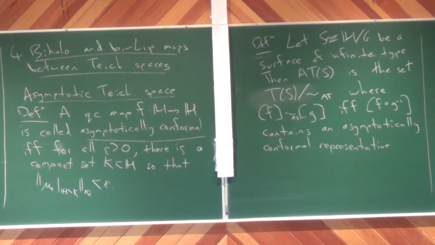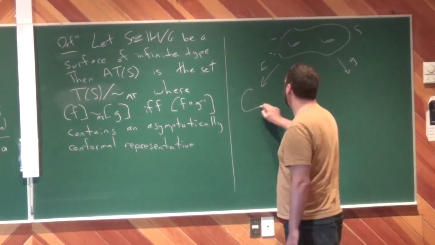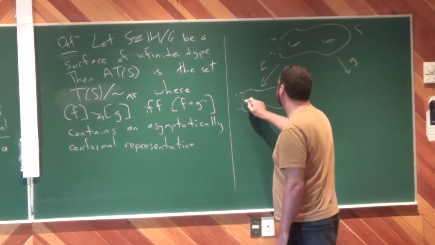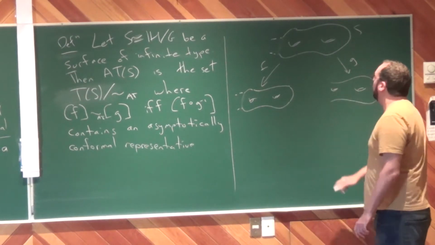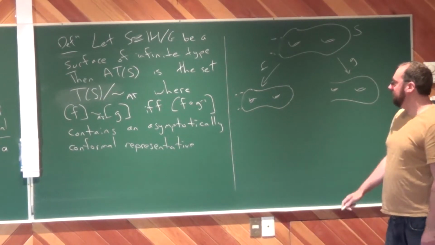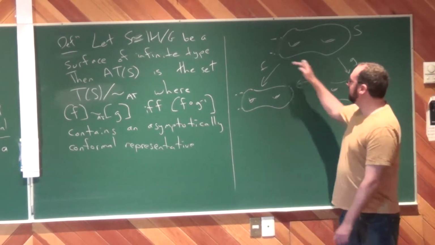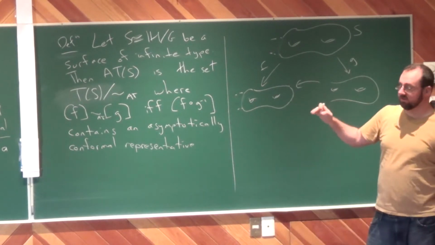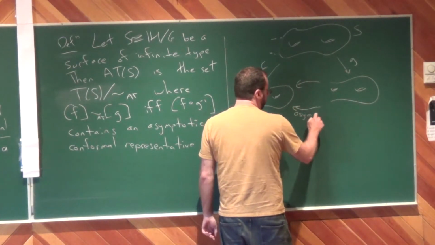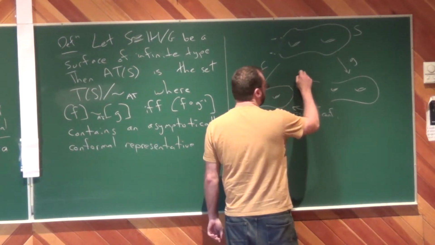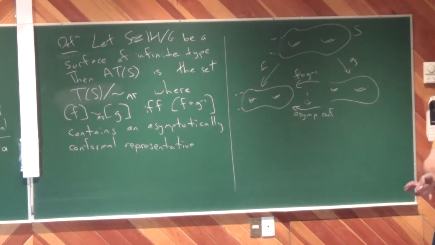So in other words, if you start with your space S and you have quasi-conformal maps F and G applied to S, then if we do G inverse composed with F, well, that's going this way. What we're saying is that these two mappings are equivalent under this asymptotic Teichmüller relation if and only if F composed with G inverse is homotopic to some asymptotically conformal map.